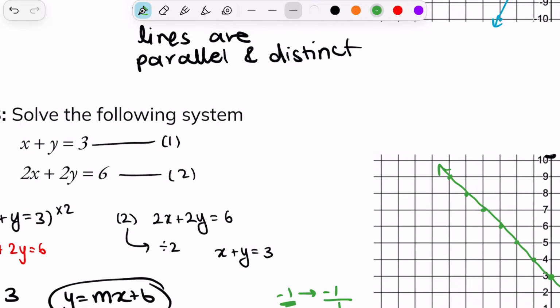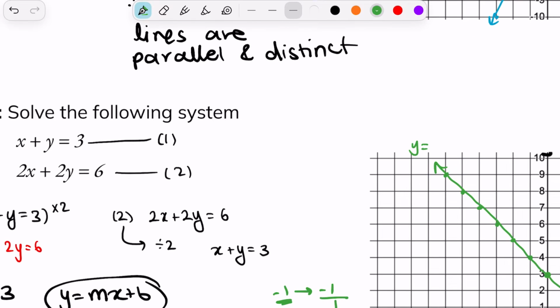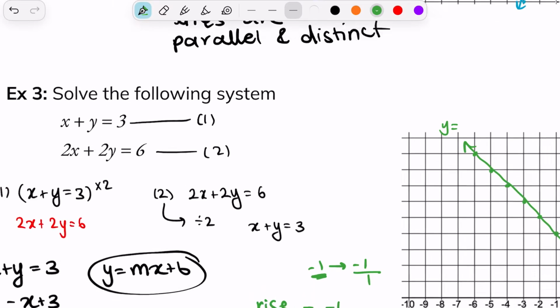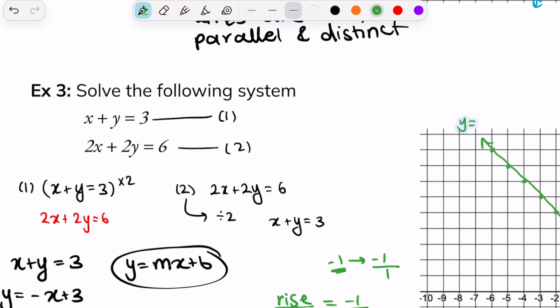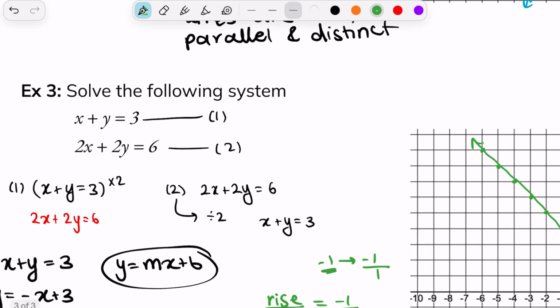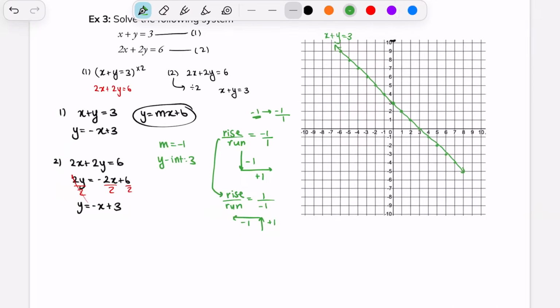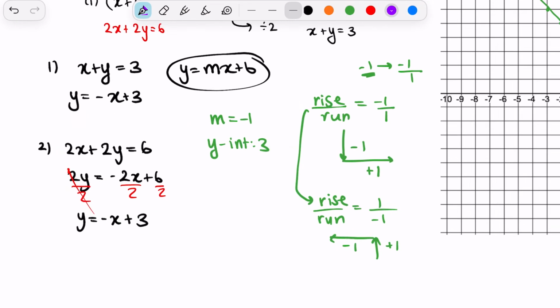So this is the line y is equal to negative x plus 3. It's always best to label your lines as the original ones as given in the question. But honestly, it doesn't matter, it's just best to label what's given in the question. So this is x plus y equals 3. Now in a different color, because the lines are the same, I'm going to do the second one in pink.